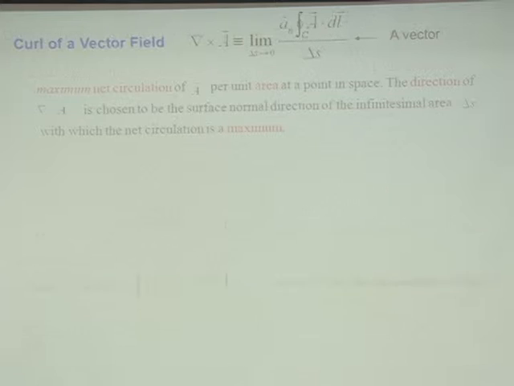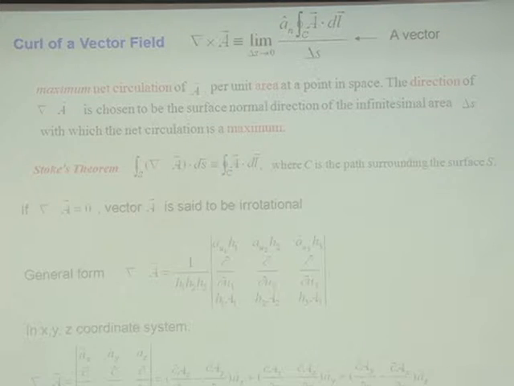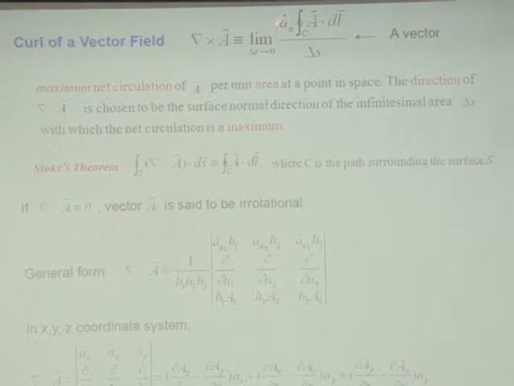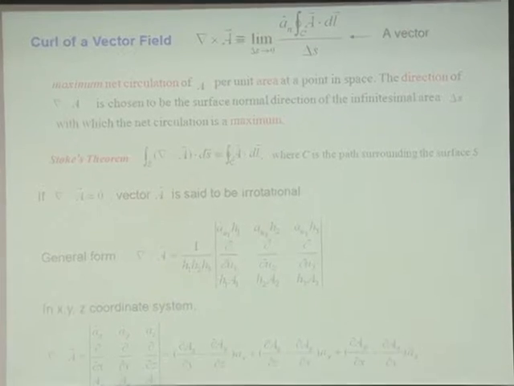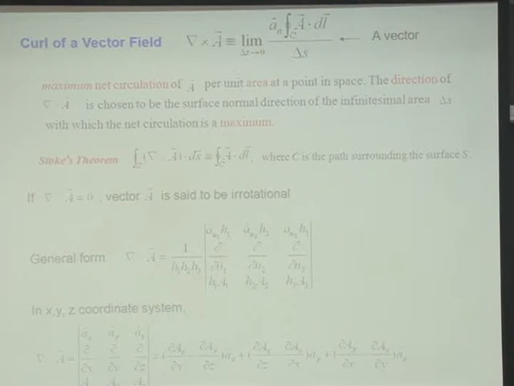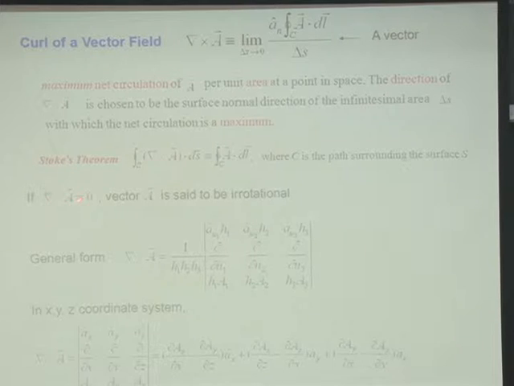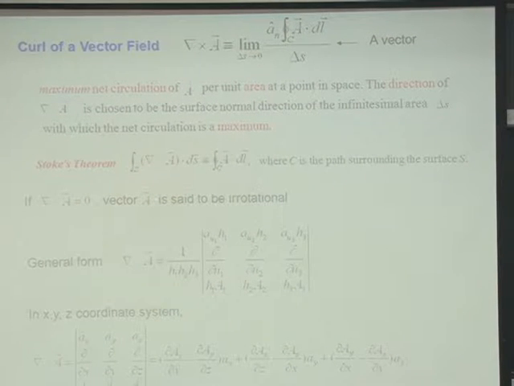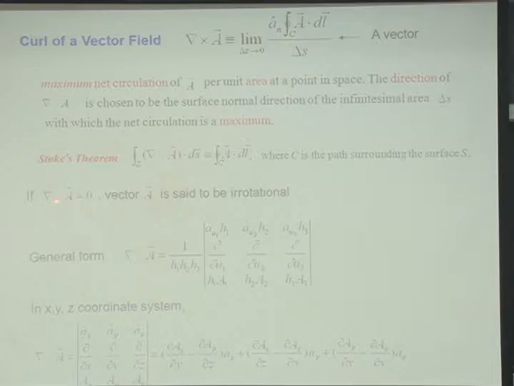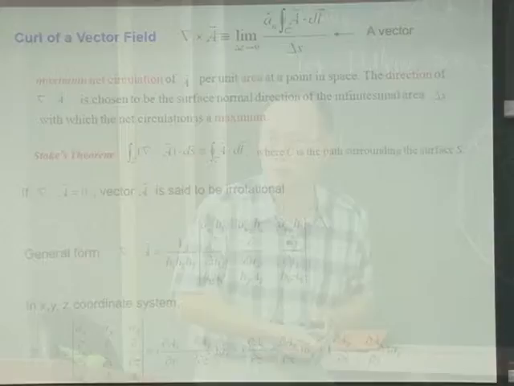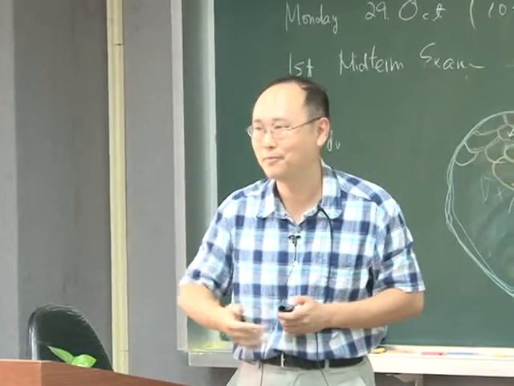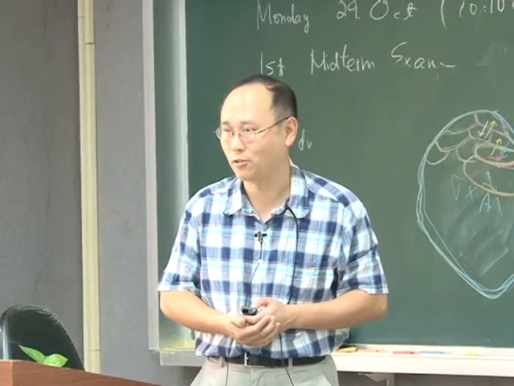But for this curl, you are calculating the ability of this vector circulating about one point. So if you have curl of A equal to 0, this means that this A does not rotate. This vector does not rotate. And so if in space you calculate curl of A equal to 0, it means that this vector is irrotational. It does not rotate. Okay, so this makes sense to you.